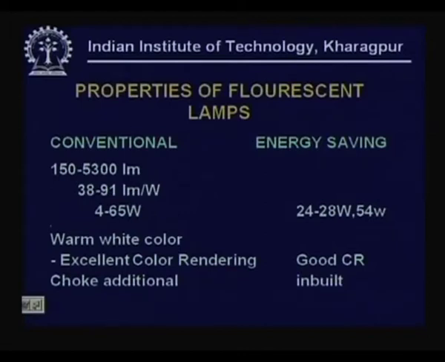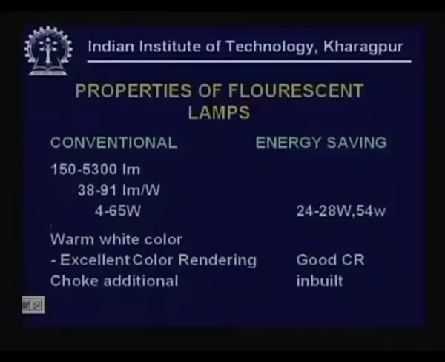I did mention that saving of energy has become a key word these days. In fact, one way of achieving this has been to go in for smaller diameter tubes with more efficient phosphors and better filament electrodes.